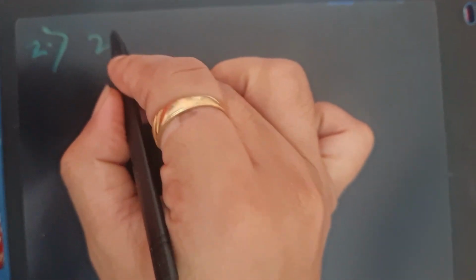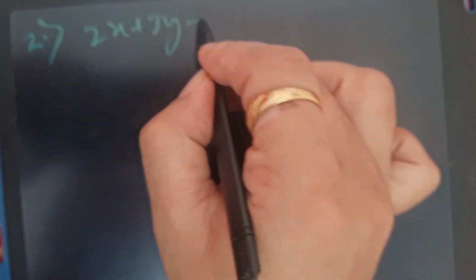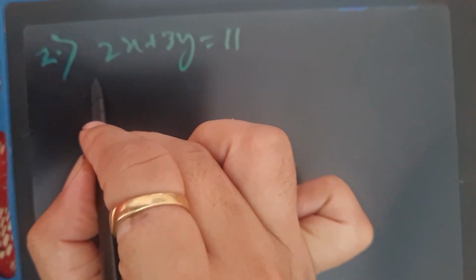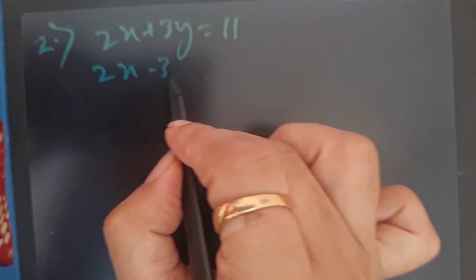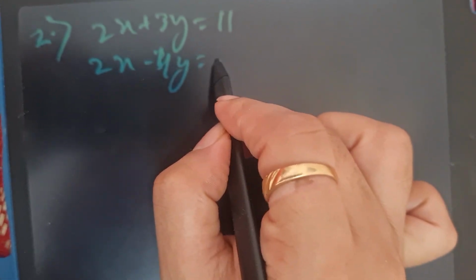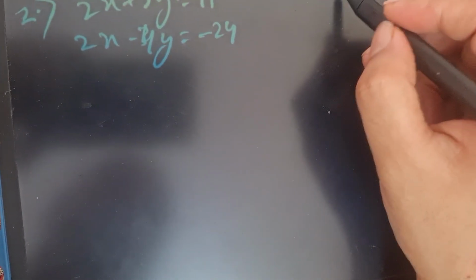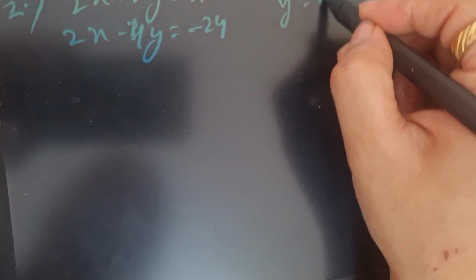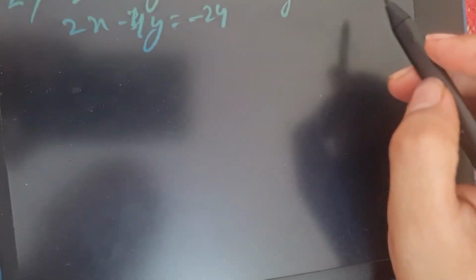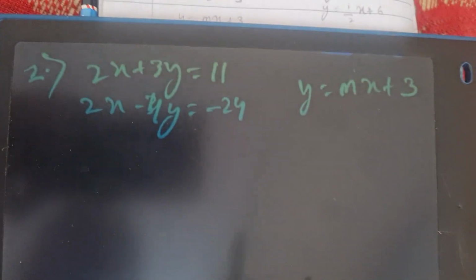Solve 2x plus 3y is equal to 11 and 2x minus 4y is equal to minus 24, and hence find the value of m for which y is equal to mx plus 3. So here we need to find the value of m.